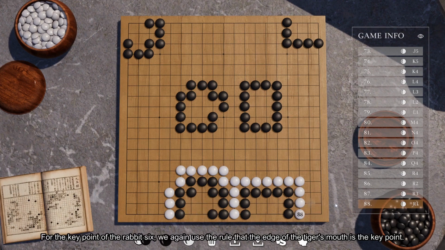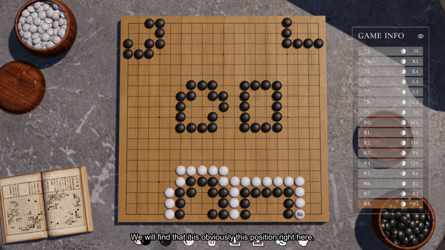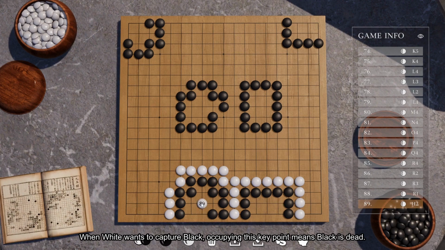Okay, let's once again surround the outside of this shape with white stones. For the key point of the rabbit 6, we again use the rule that the edge of the tiger's mouth is the key point. We will find that it is obviously this position right here. When white wants to capture black, occupying this key point means black is dead.